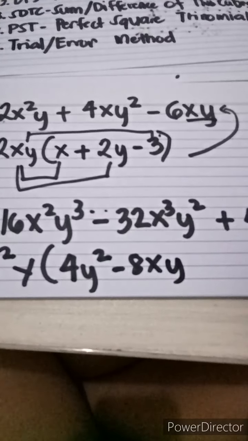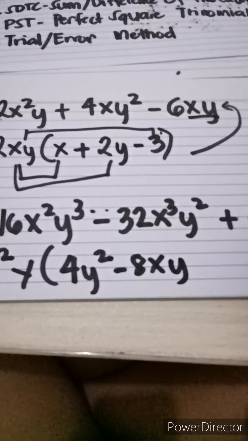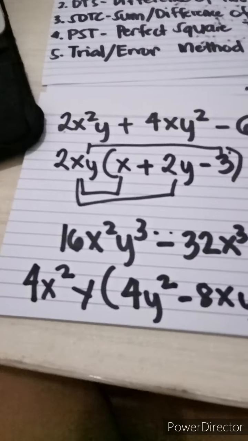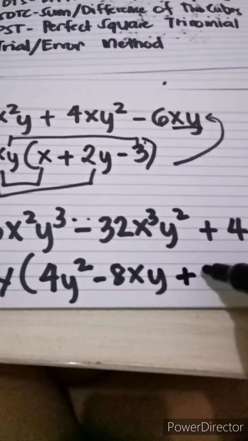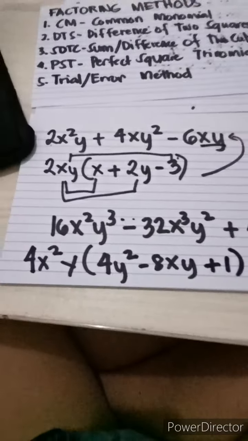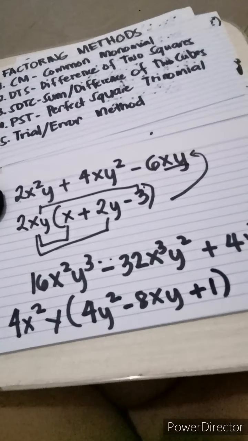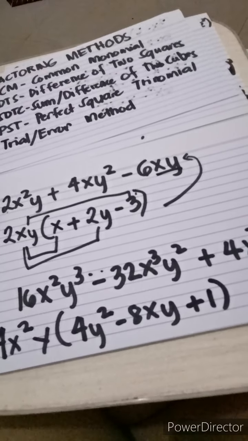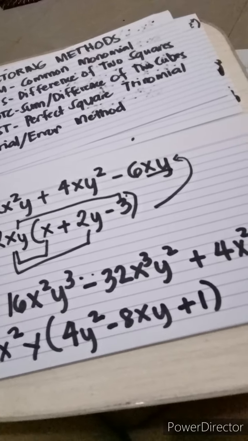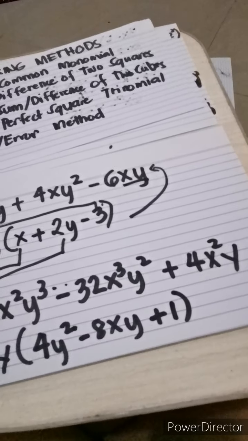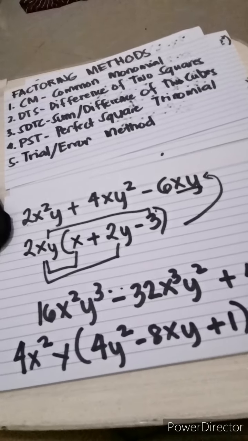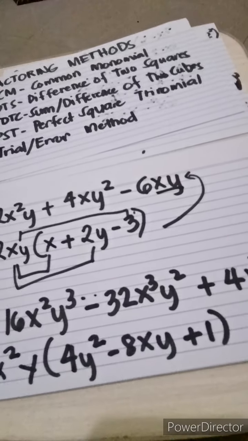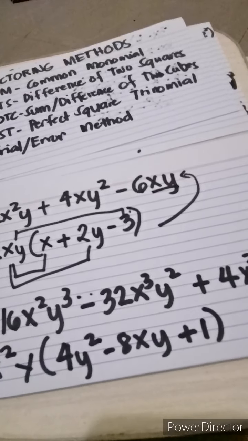And then, 4x squared y divided by 4x squared y is equal to positive 1. So, therefore, the factors of 16x squared y cubed minus 32x cubed y squared plus 4x squared y is 4x squared y times 4y squared minus 8xy plus 1.